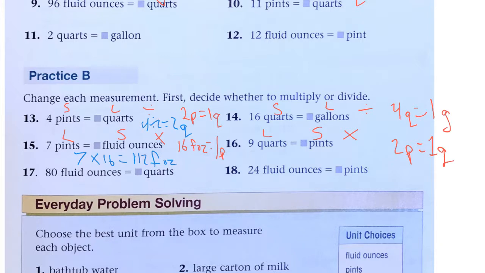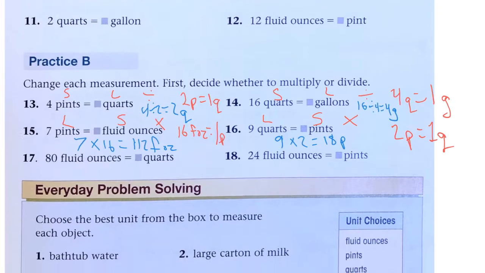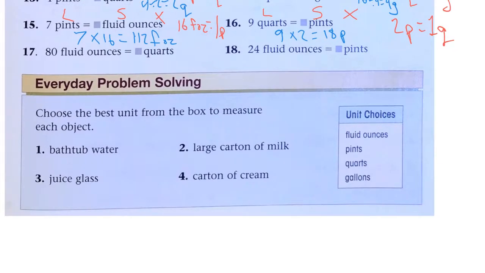And then the 16 quarts is going to be divided by the 4, and that's going to give us 4 gallons. And 9 quarts to pints. So we've got our 9 quarts times 2 to show how many pints are in 9 quarts. Well, there's 18 pints. So that's how we could work through changing our units of measurement for capacity or fluids.